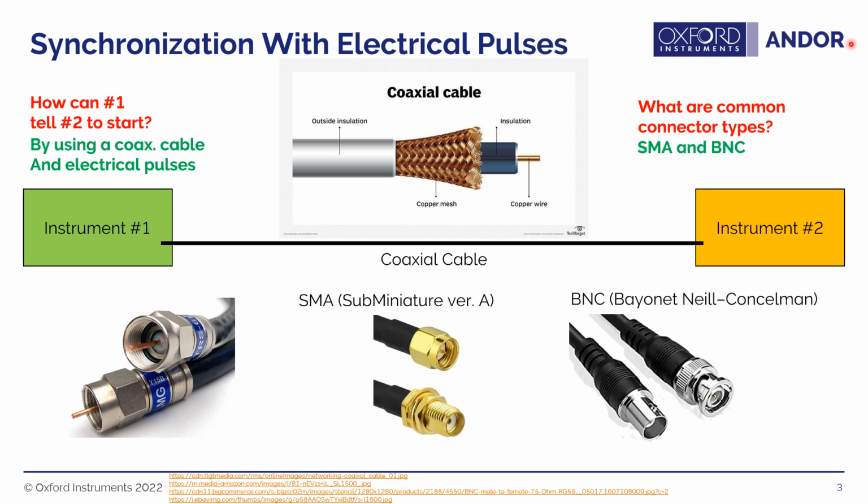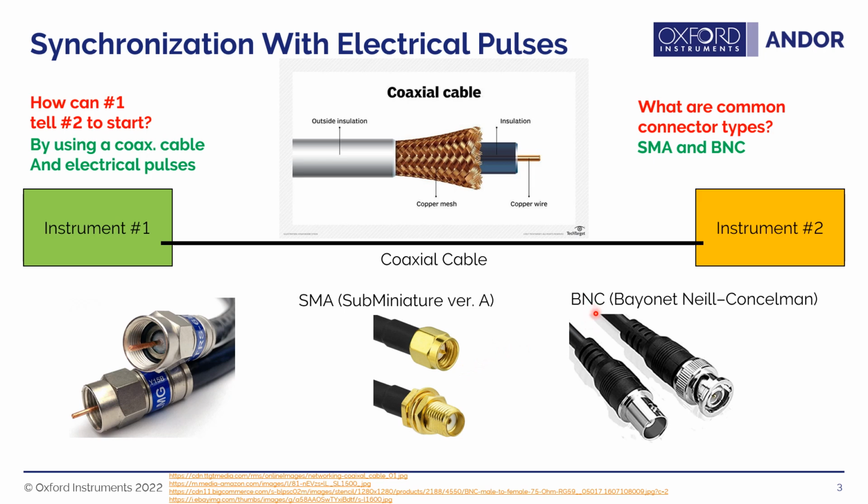So the two that we'll be discussing today that you may see most often in the lab are called SMA and BNC connectors. The SMA connector is here. It's a screw-on type connector that is usually used when the connectors do not need to be moved from one instrument to another to change the experimental configuration quite as often.